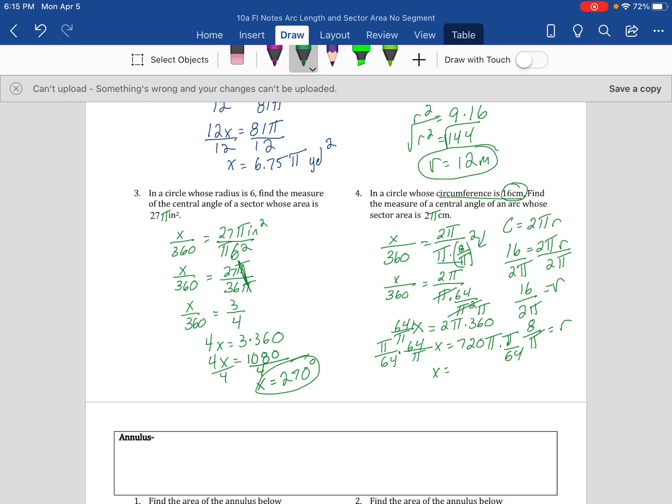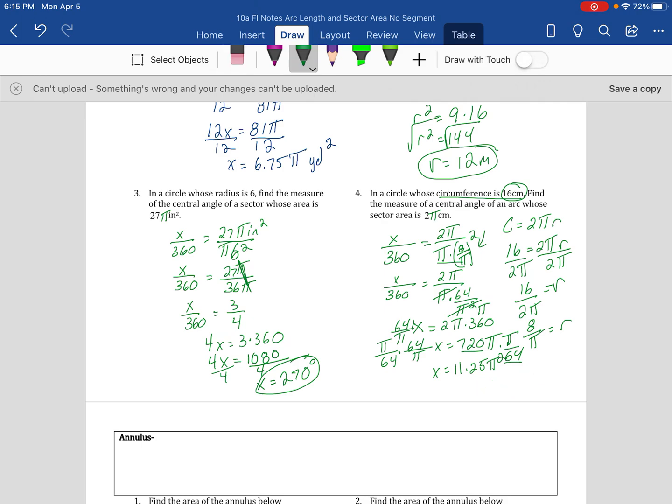So I have to multiply each side by pi over 64. X is going to be equal to, 64 goes into 720, 11.25 times. And pi times pi is pi squared. So it's going to be 11.25 pi squared. So my answer is going to be 11.25 pi squared degrees.